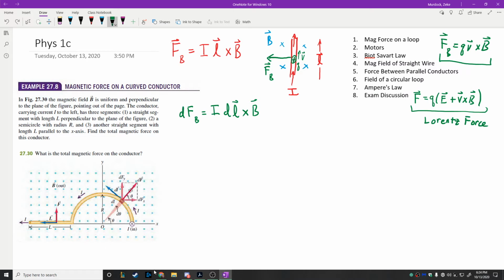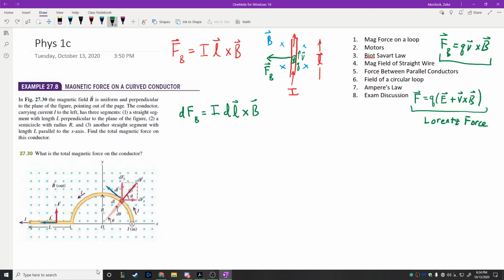We're going to do that using this equation. The force on the straight line is very simple, and we already got that here. So the new thing here is we want to find the force on this segment right here. So we break up our wire into little pieces, indicated by this red shading right here. And we say that the direction of the current in that location is effectively tangent to the semicircle at that point.